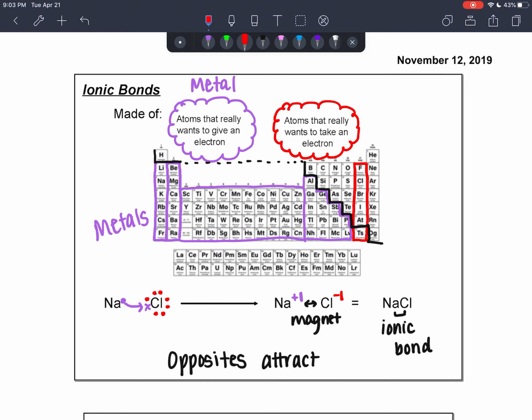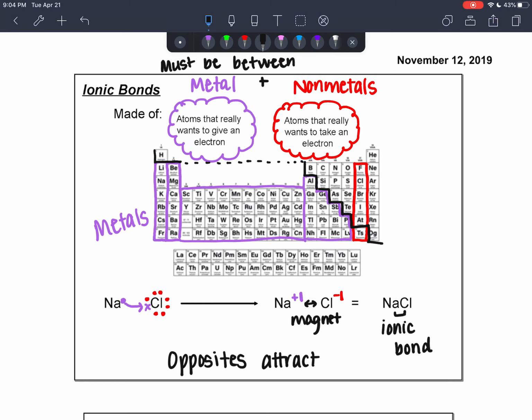And all of my elements that are above and to the right of the stair step are nonmetals, and they're electron takers. So in order to have an ionic bond, this is the requirement. It must always be between a metal and a nonmetal.